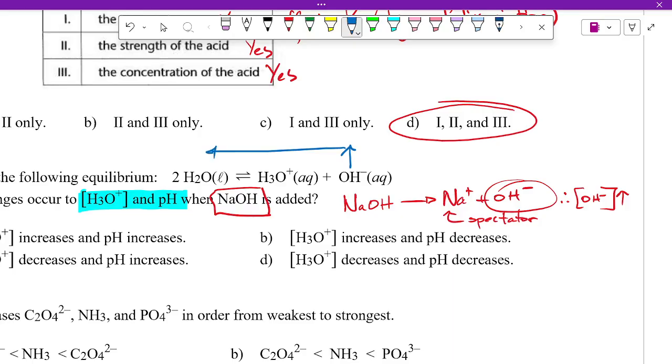left. Now, if we were to draw a concentration diagram, H3O plus and OH minus start out the same, because it's pure water. And OH concentration goes up.